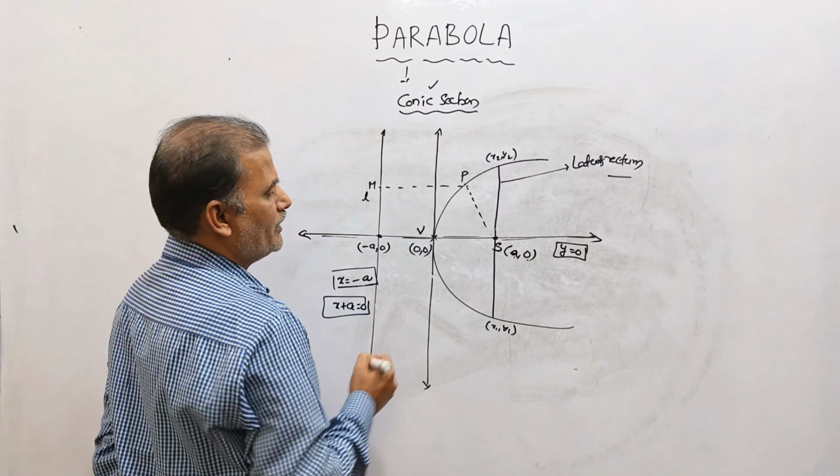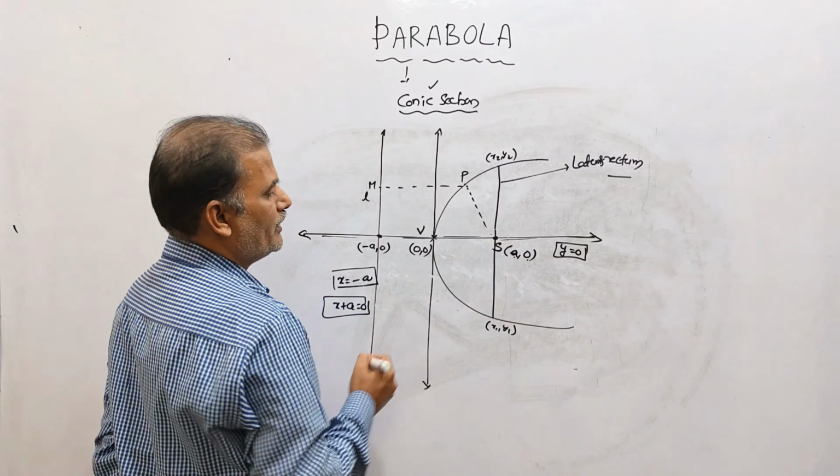Length of the latus rectum is equal to 4a. Now we discussed all the definitions once. The fixed point is called the focus of the parabola, and the fixed line is called the directrix of the parabola. The point of intersection of parabola with the axis is called the vertex of the parabola, and this is called the axis of the parabola, which passes through the focus.